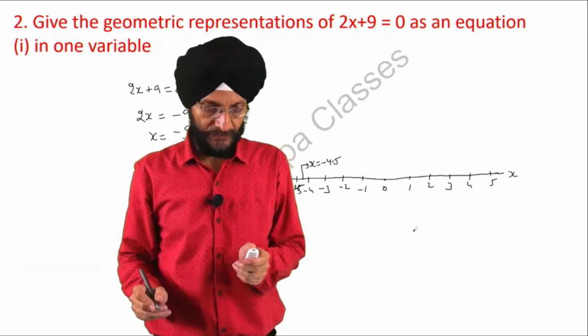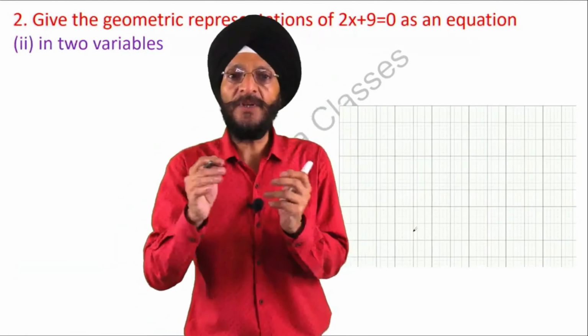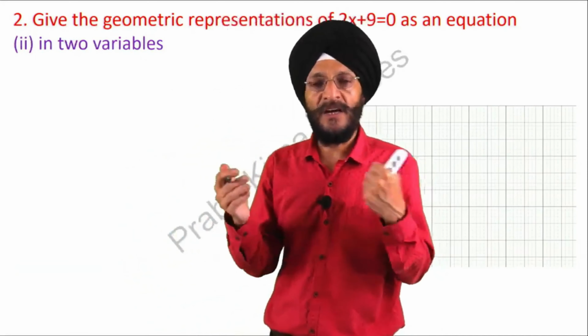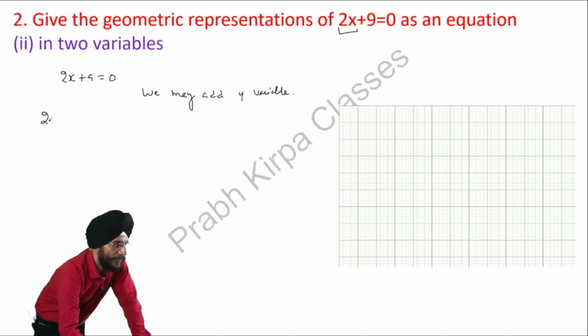Now the next question before us is, we are to represent the same equation in two variables. As already told, in this question only one variable is given. So when one variable is given, we may add y variable in the equation. How will we add?